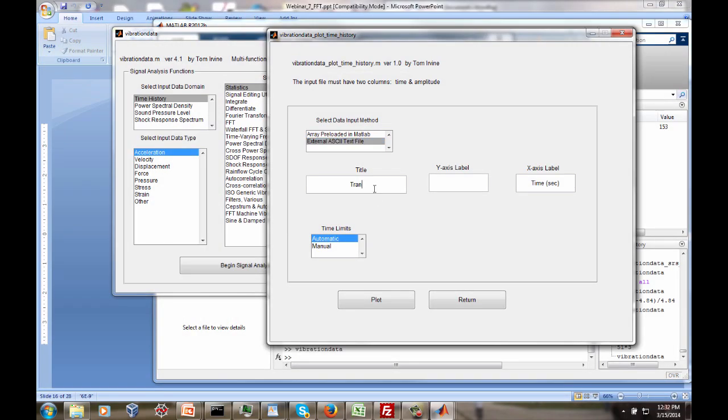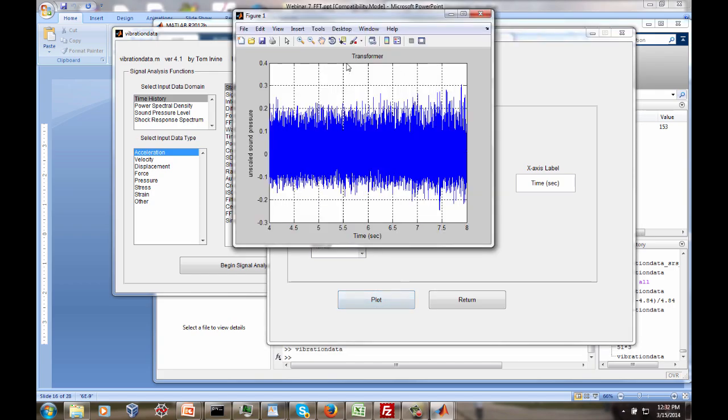It's just going to be this transformer audio signal from the buzzing. Y-axis, this is another one of those files where we have unscaled sound pressure. So here's our signal here, unscaled sound pressure versus time from the audio recording.